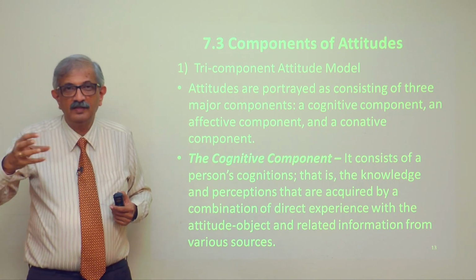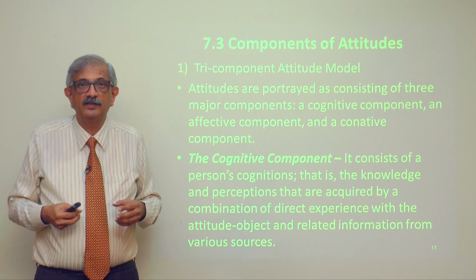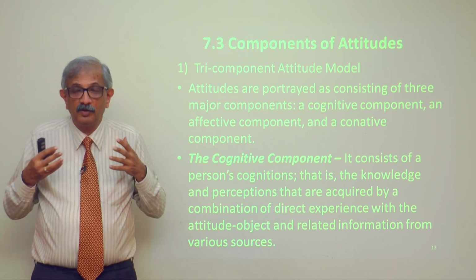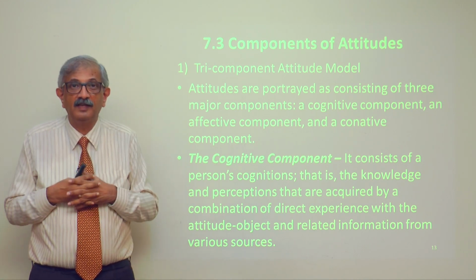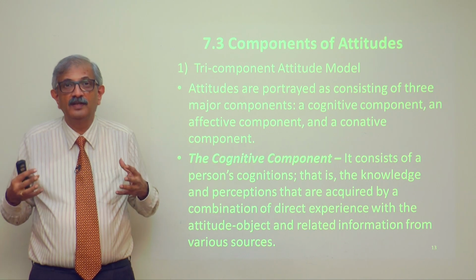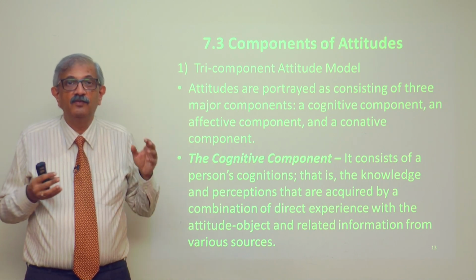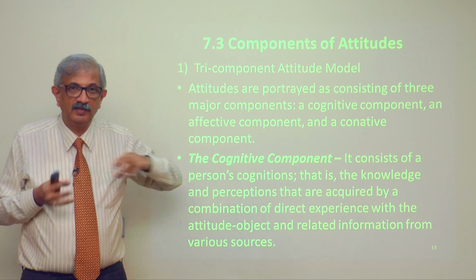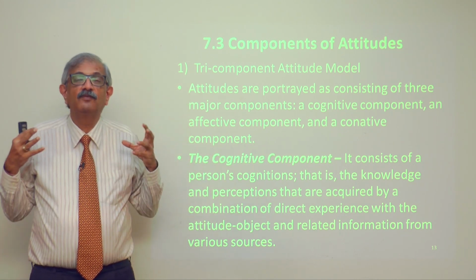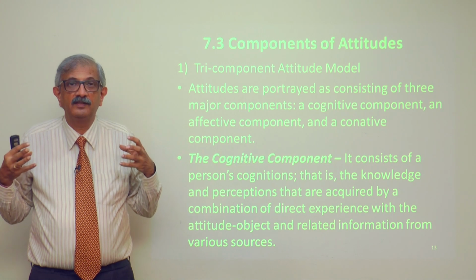Now moving to the cognitive component, it consists of a person's cognition. Cognition is understanding. That is knowledge and a perception that he acquired by a combination of direct experience with the attitude object, which we have already understood, and related information that he obtained through various sources.